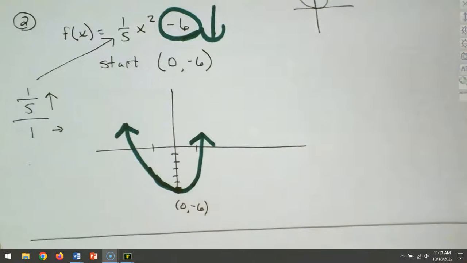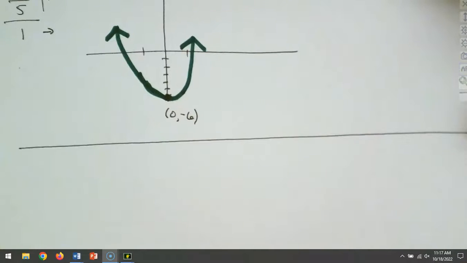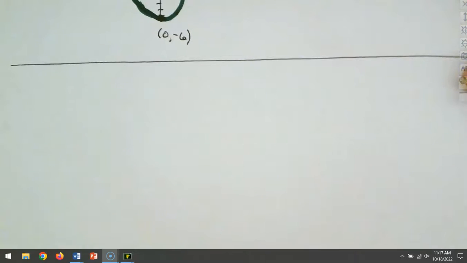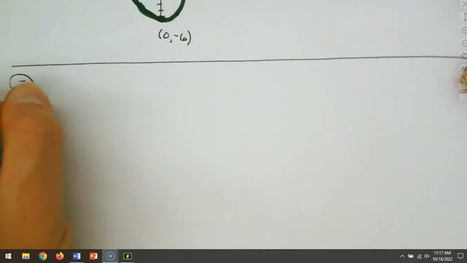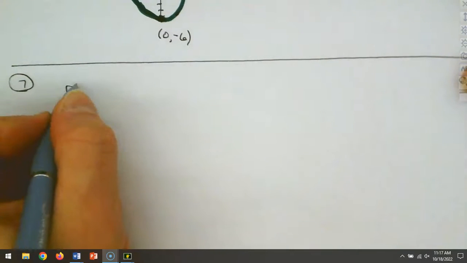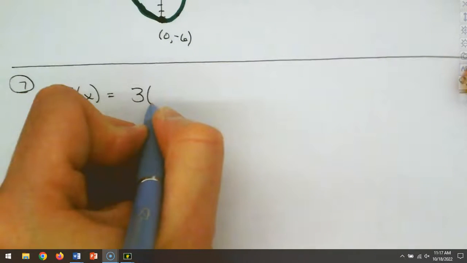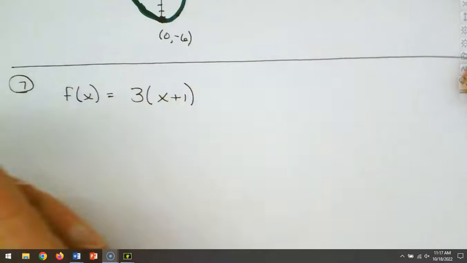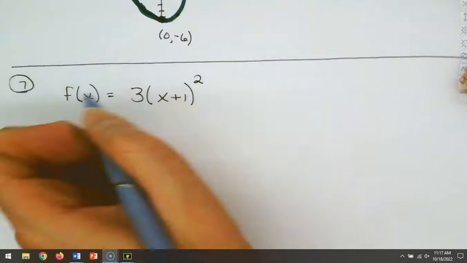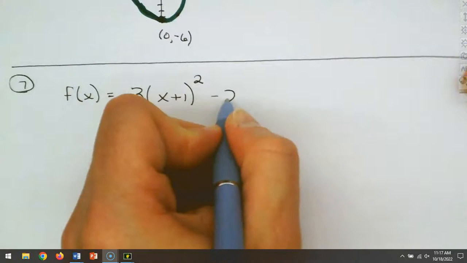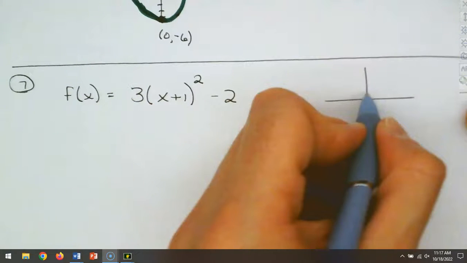And when we look at this one, we first identify the picture that it goes with. So let's look at question 7. And we've got f of x equals now 3 times (x plus 1) quantity squared, minus 2. So what should it look like?